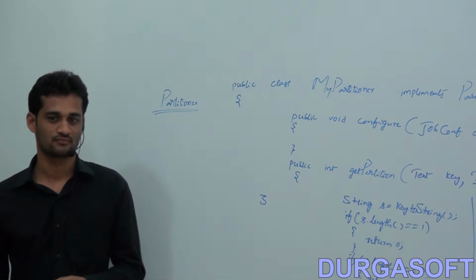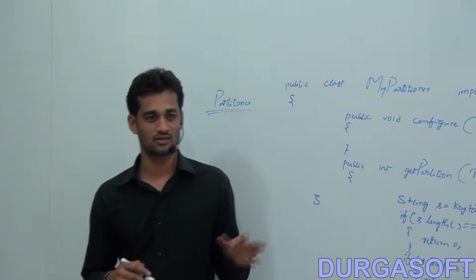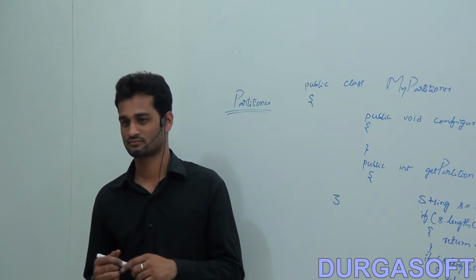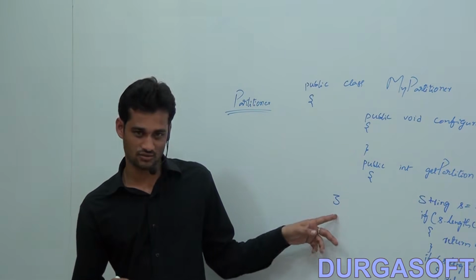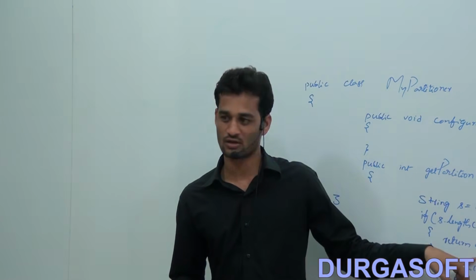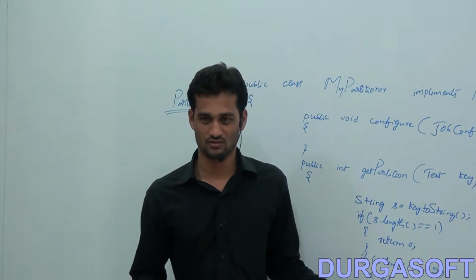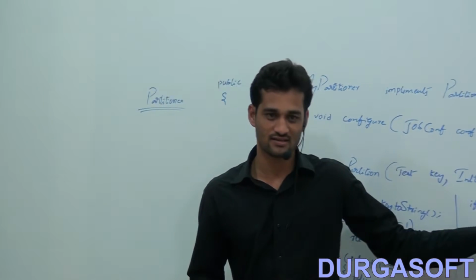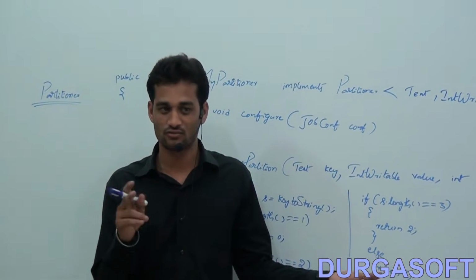Then what will happen? Your program is giving an exception. It means if you are taking 3 reducers, if its length is 1, then it returns that value to the first reducer. If its length is 2, then the second reducer. If its length is 3, then the third reducer.